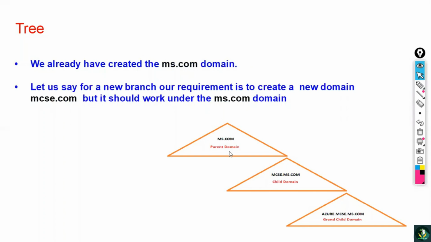Okay, so we already have created the ms.com domain. Let us say for a new branch, our requirement is to create a new domain, mcsc.com, but it should work under the ms.com domain.